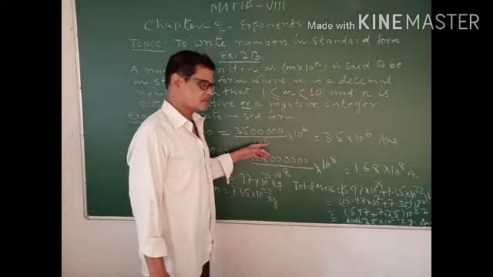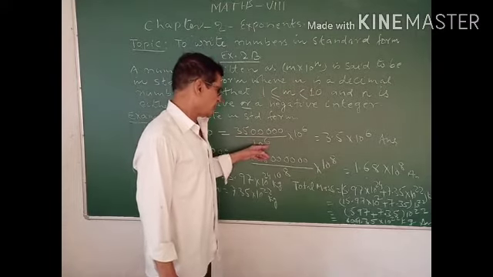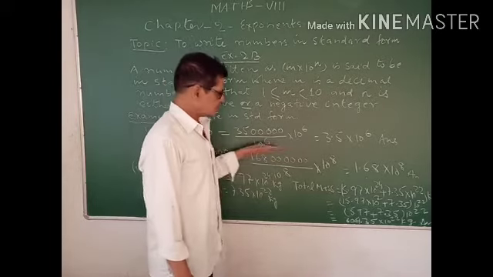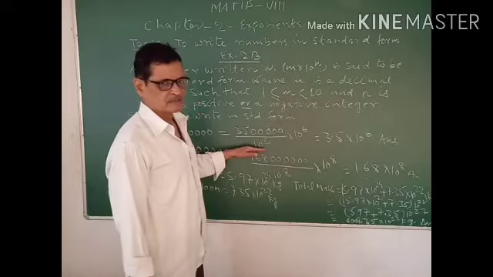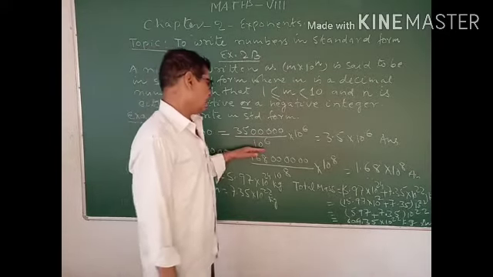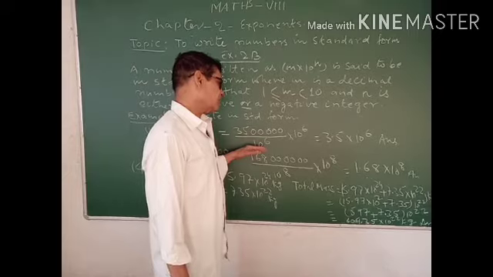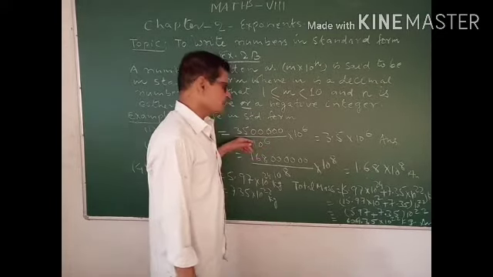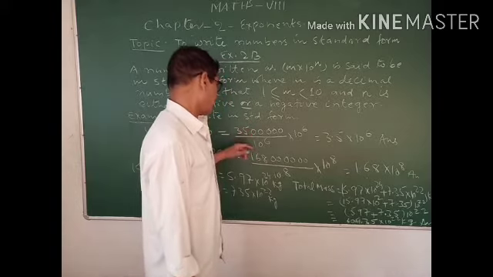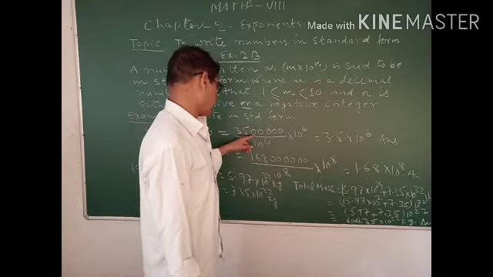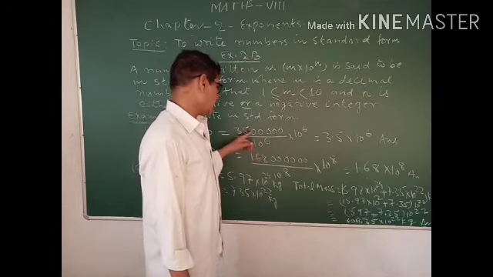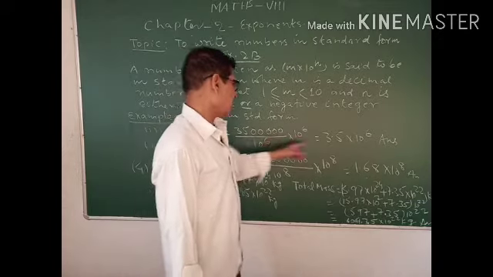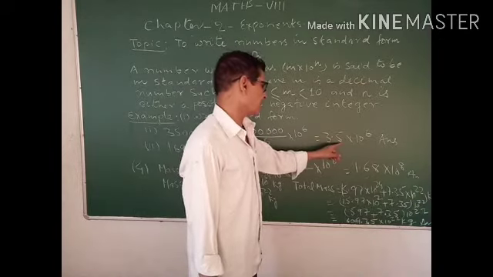But the number changes. To neutralize this, we multiply by the same number, meaning the same operation is done in numerator and denominator. Now 10 to the power 6, 1 per 6 zeros. If you divide by this, certainly the decimal will be here, and so I have put here 3.5.